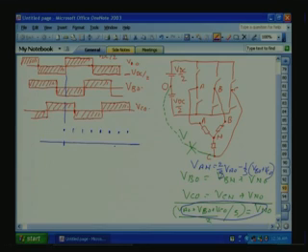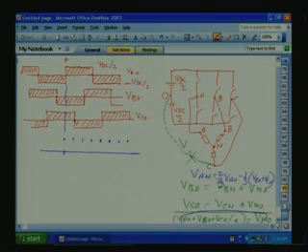Let us say first 60-degree interval, VAN is equal to 2 by 3 VA0 minus 1 by 3 times VB0 plus VC0. So, 2 by 3 VA0. See, VB0 and VC0 are opposite, that means they will cancel. Now, this is Vdc by 2.